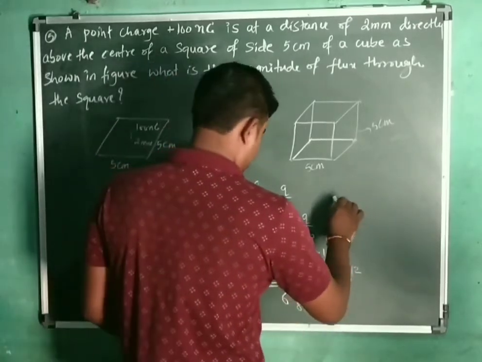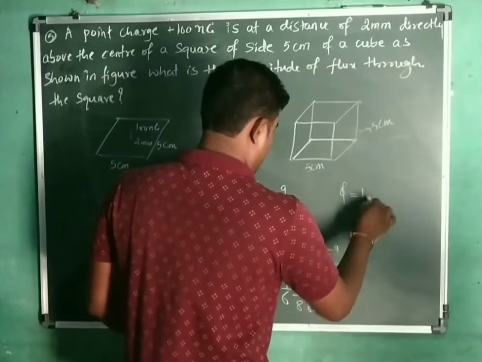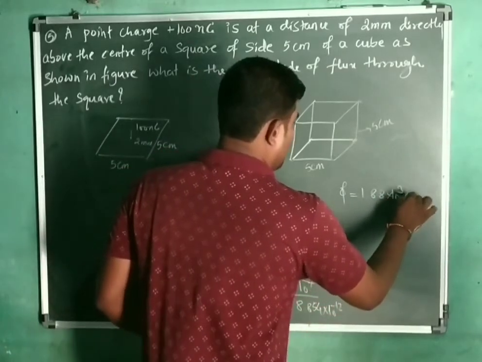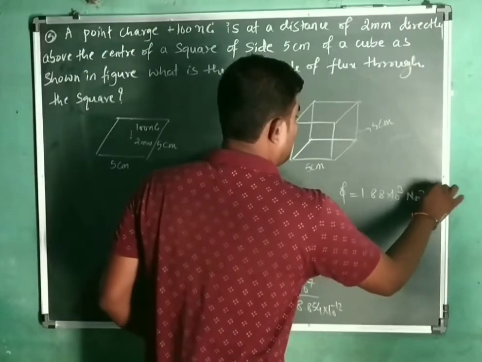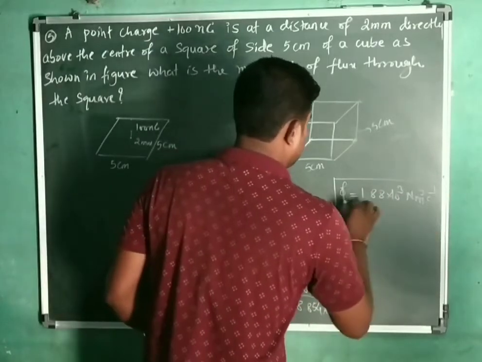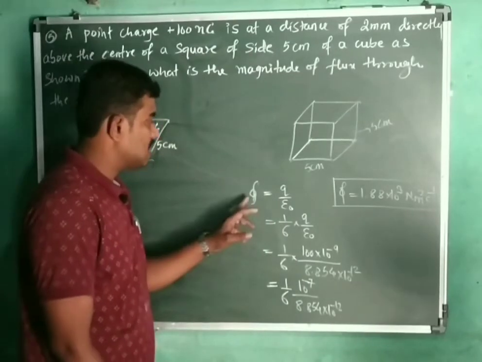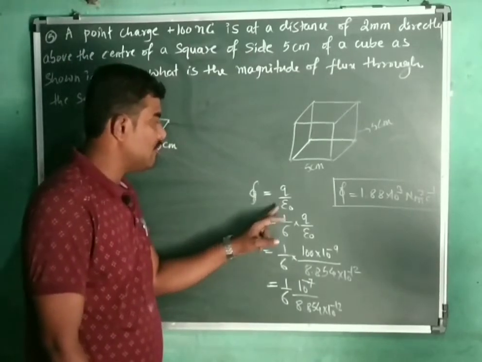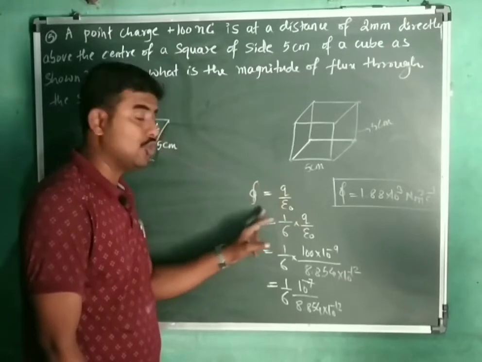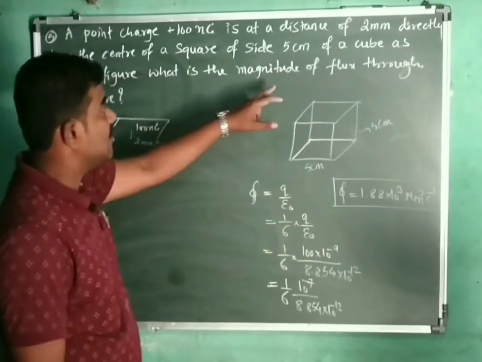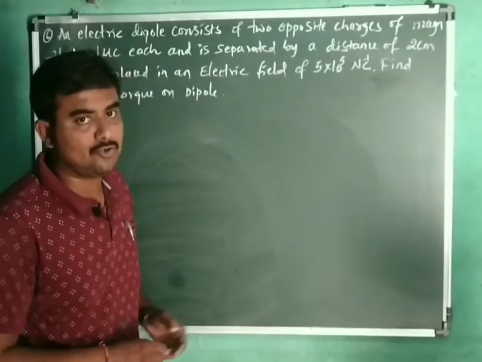So phi is equal to 1.88 into 10 to the power 3 Newton meter square per coulomb. This is flux linked with only one face, because they have asked what is the magnitude of the flux through this. This is our next numerical.